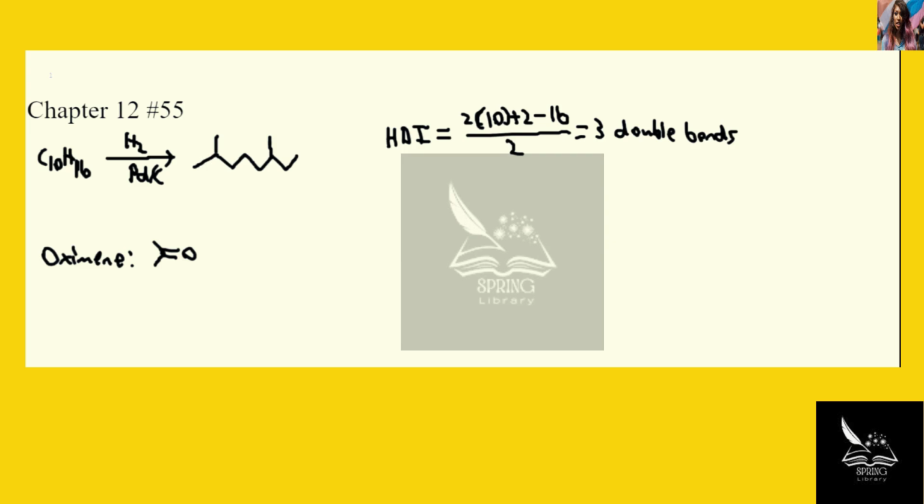Let's see what else we have. We have formaldehyde. We have a 3-carbon dialdehyde, and then a ketone and an aldehyde together.